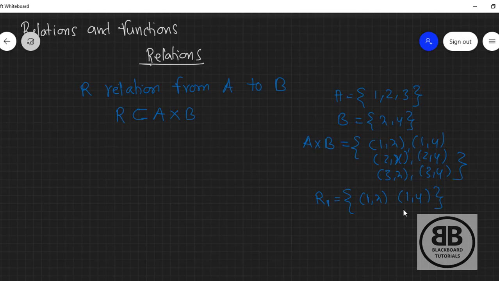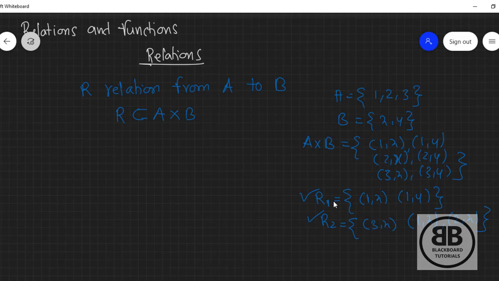This is also a subset. So, this is one kind of relation defined from set A to set B, or if we take R2 as a subset, 3x, 1x, 2x. So, we can define a relation like this.